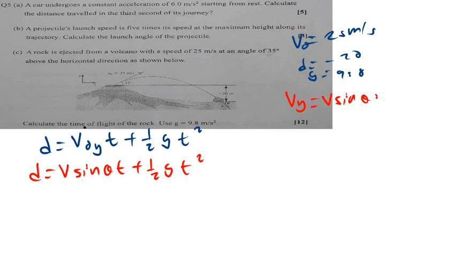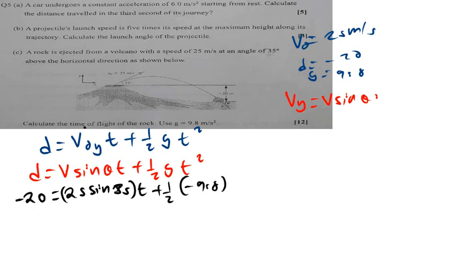So what I'm going to do now is put d, which we have been told is negative 20. Our V is 25, then sine of the angle, which we have been told is 35. t we don't know. Plus half of negative 9.8 times t squared.